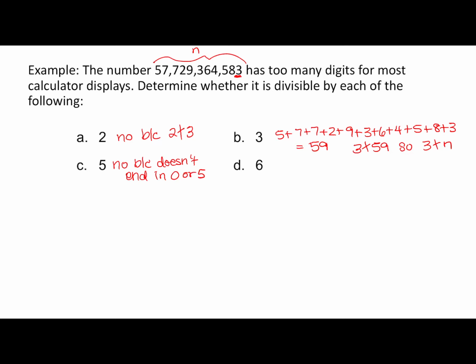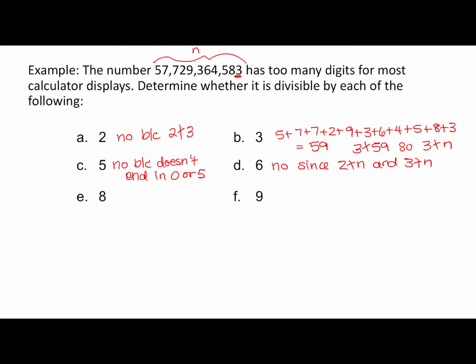Is it divisible by 6? Well, we just talked about the test for divisibility by 6. We have to check if it's divisible by both 2 and 3. If either of those were to fail, it would not be divisible by 6. In this case, both failed. So the answer here is no, since 2 didn't divide the number and 3 didn't divide the number.